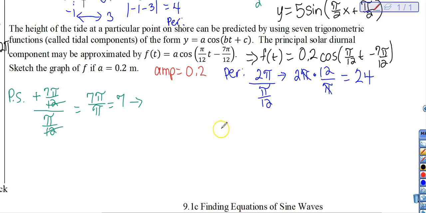So if I design a graph that's representing this information, I'd definitely give it a title of the principal solar diurnal component.